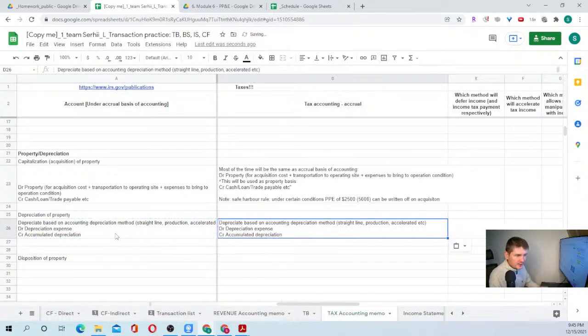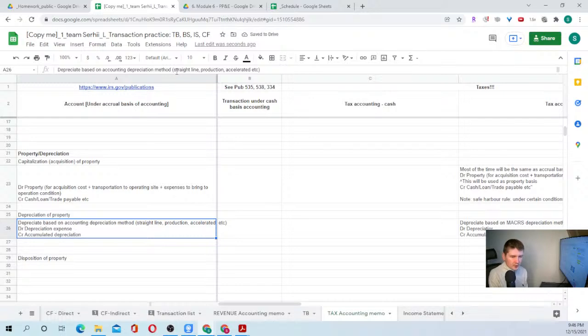And for the taxes, we depreciate based on MACRS depreciation method. And it's accelerated, in some cases straight line and production methods are allowed.